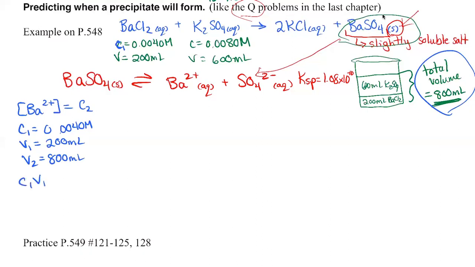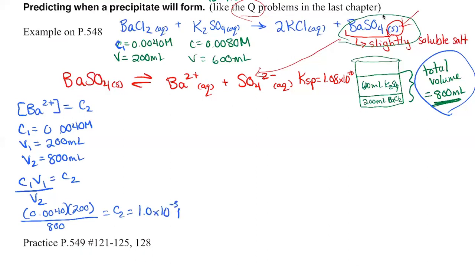So C1V1 equals C2V2. We rearrange to solve for C2. We can put all of our numbers in. So C1, 0.004 times 200 divided by 800 gives me C2, which is going to be equal to 1.0 times 10 to the negative 3 moles per liter.